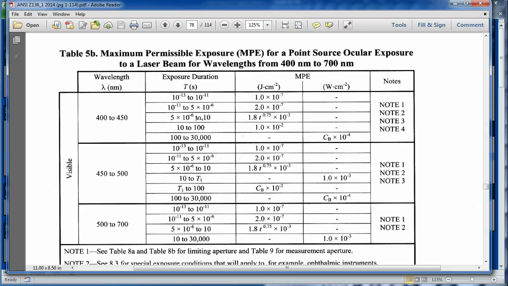We can take a look anywhere in here at 1/4 of a second, and we're going to see that for 1/4 of a second in all of these ranges, the MPE is calculated the same way. And you'll notice, yes, there is a time dependency, T, but there is no wavelength dependency in there. So that means for the entire visible, for a fixed exposure duration, which is 1/4 of a second in our case, we'll get the same MPE.